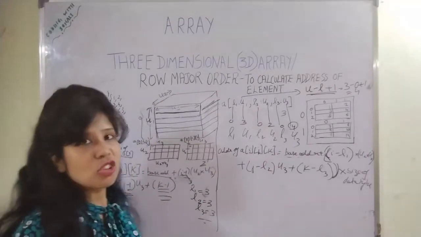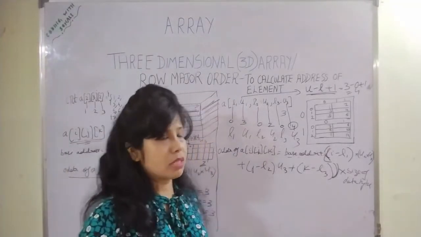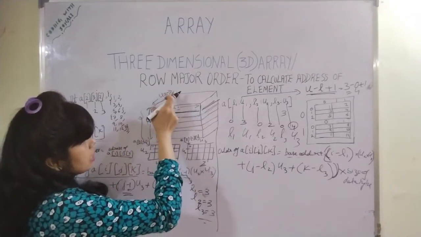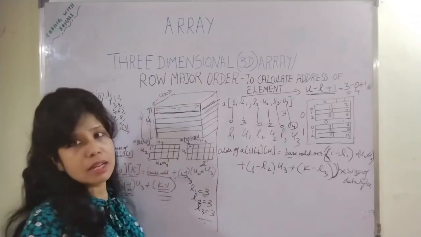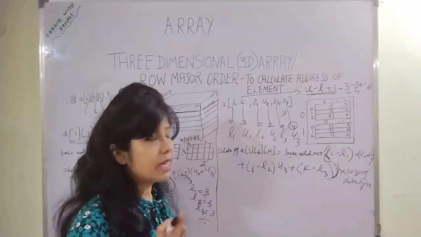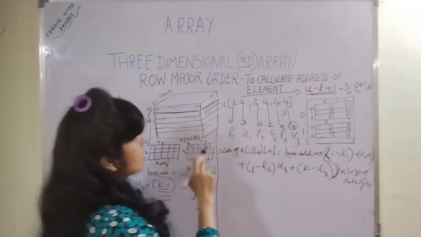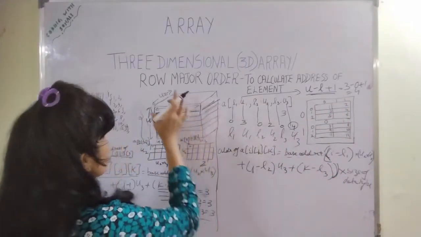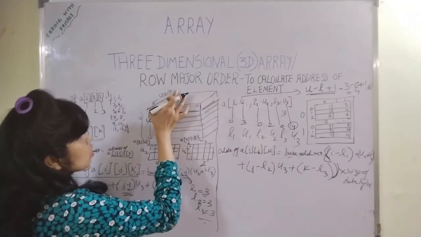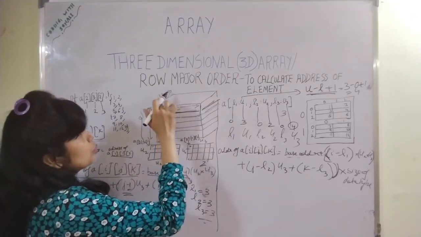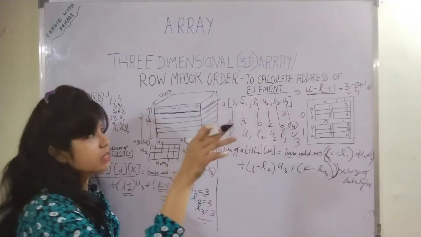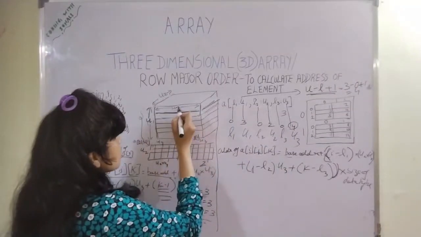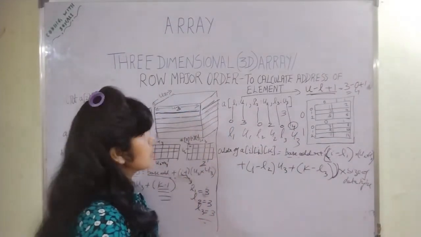We know we have to move across this dimension, but we have to find how many elements are present in it. That is the reason this formula is important to calculate the number of elements. So for U2, I will simply do U2 minus L2 plus 1, and for U3 it will be U3 minus L3 plus 1.